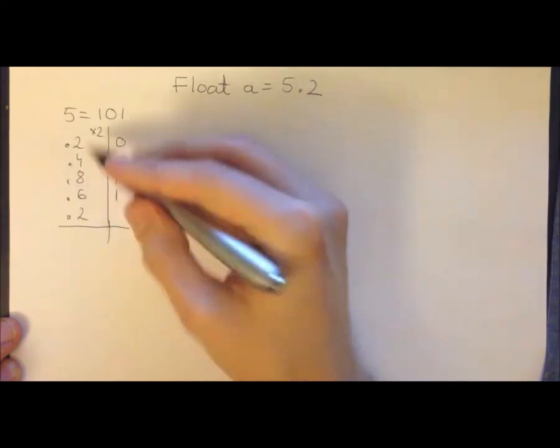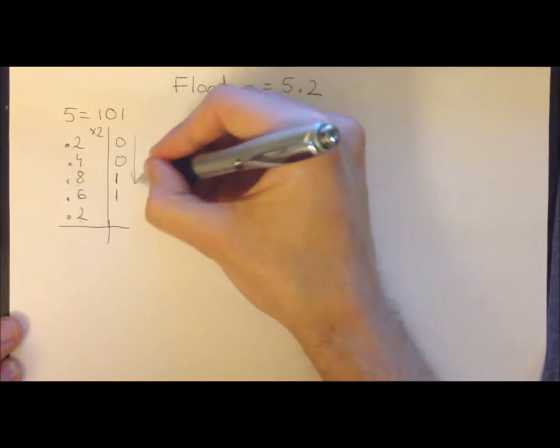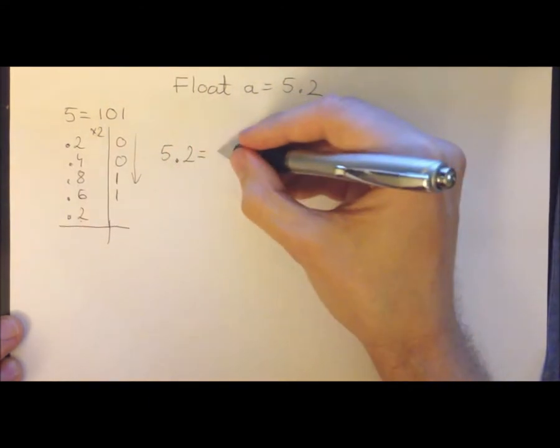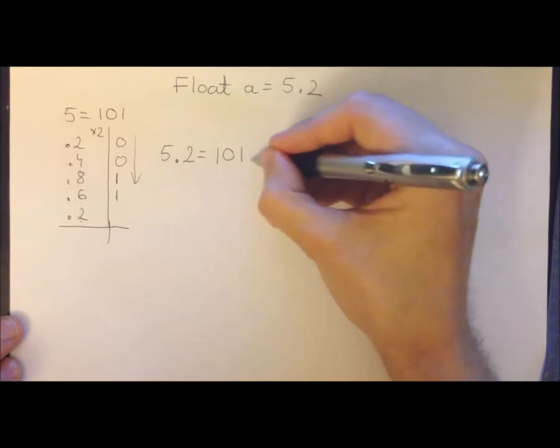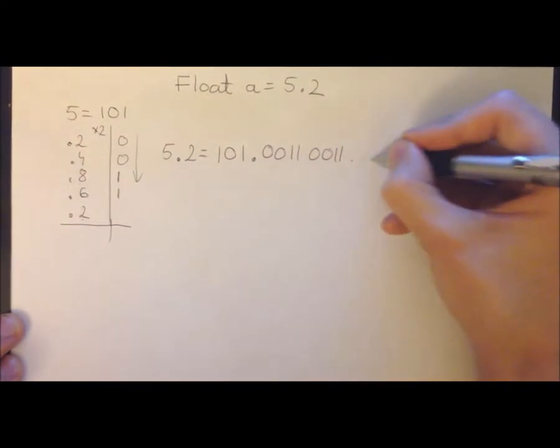So now we see that we came back to 0.2, which means we'll repeat the pattern. So we know that 5.2 can be represented in binary as 101.00110011, and it goes forever.